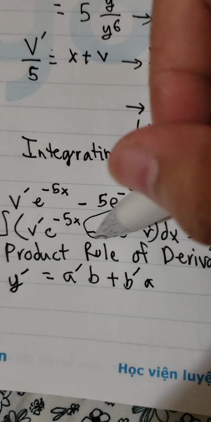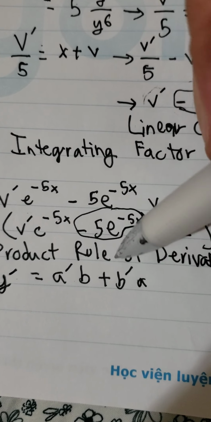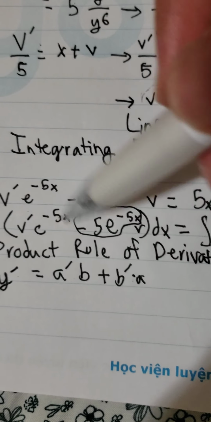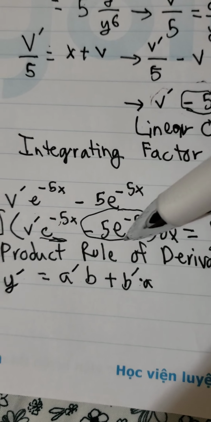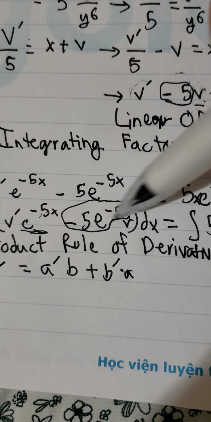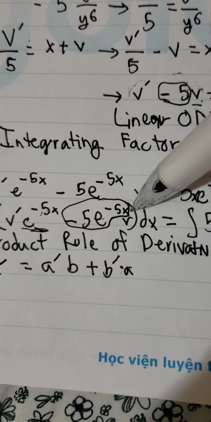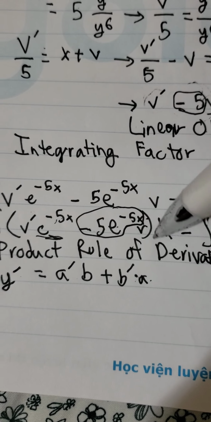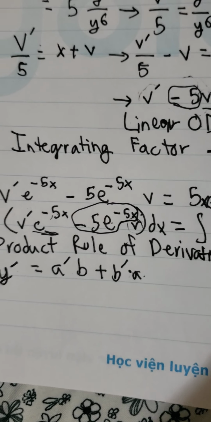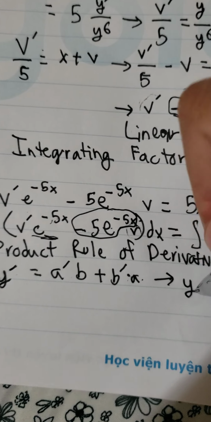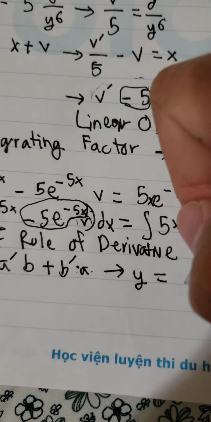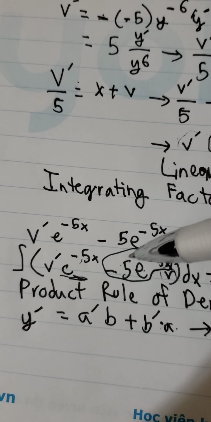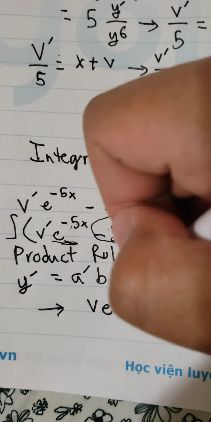This one in here is the first derivative of b. That's why we have negative 5 e to the power of negative 5s, and a, that is v in here. So the integration of this one gives y equals a b. Now, if we apply the formula in here, you get v e to the power of negative 5s.